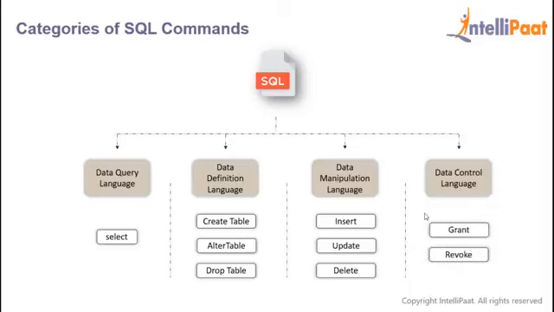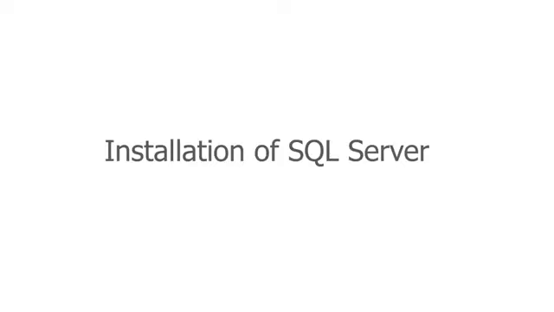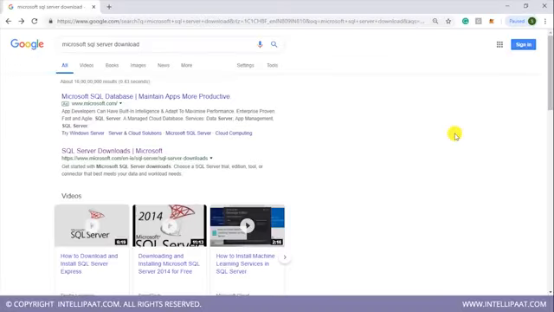And finally, we have data control commands, which allow us to control access to data within the database. So these DCL commands are normally used to create objects related to user access and also control the distribution of privileges among users. And you can see commands like grant and revoke in DCL. We'll be installing Microsoft SQL Server.